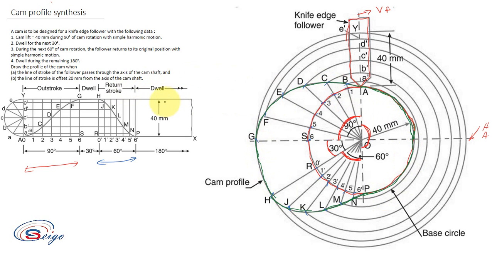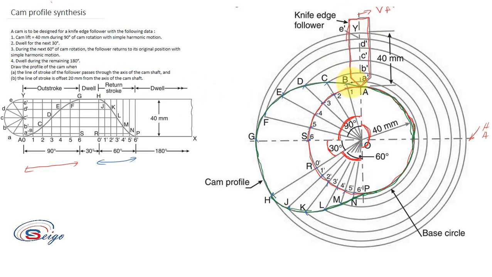But the question doesn't end; there's a B portion. The line of stroke is offset 20 mm from the axis of the camshaft. You can use the same displacement diagram, as the parameters are the same. The only difference is that the line of stroke of the follower is offset 20 mm from the axis of the camshaft.